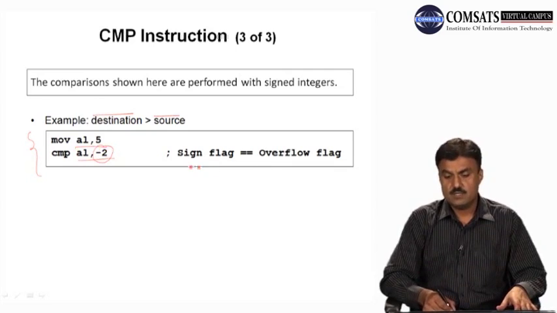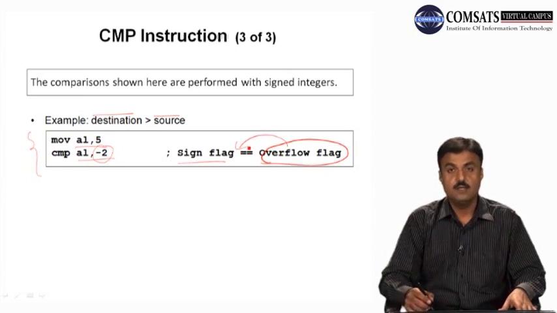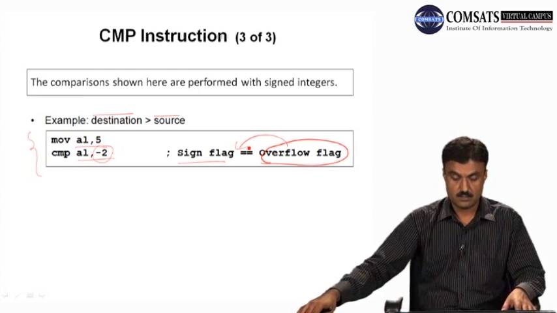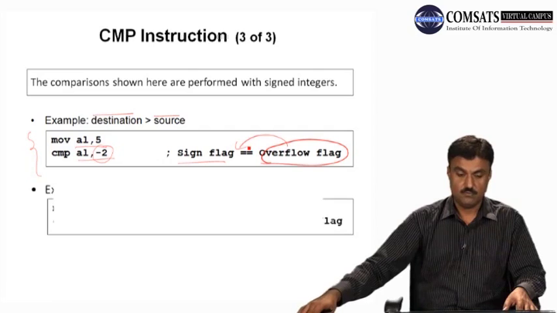So whatsoever the sign flag's value is, it will be the same as the overflow flag, as we saw in our previous lectures. We are subtracting -2 from 5, so the sign flag will be equal to the overflow flag.